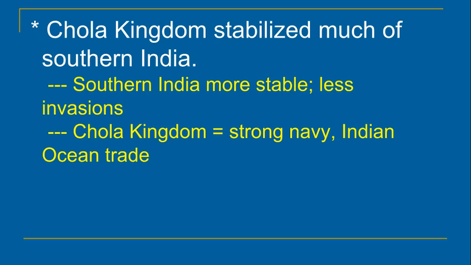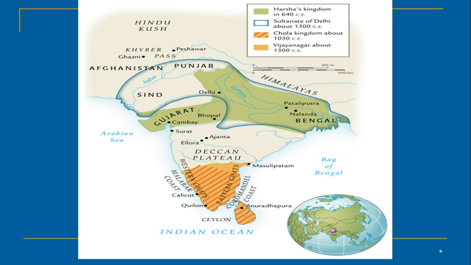Obviously, there's less invasion, so southern India wasn't invaded like parts of northern India were. And because it's at the southern tip of India, the Chola Kingdom had a strong navy which protected its merchant ships from pirate attacks, and it participated in and protected the Indian Ocean trade network.